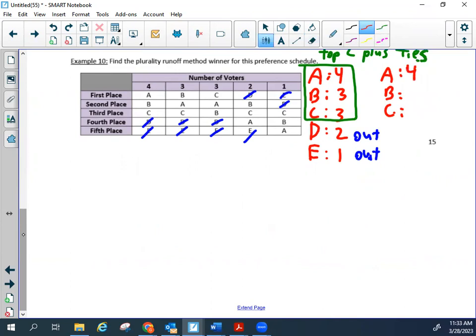B has 3 plus 2, so that's 5. And C has 3 plus 1, which is 4. So B here is my winner.